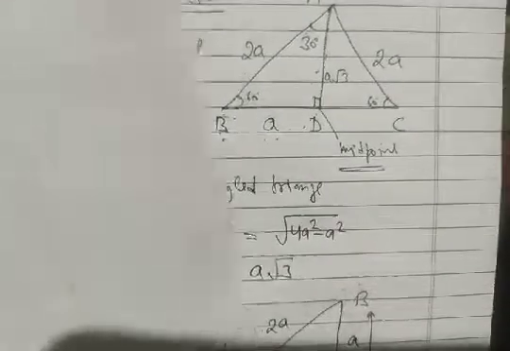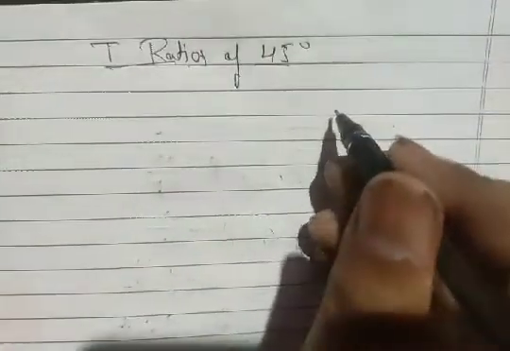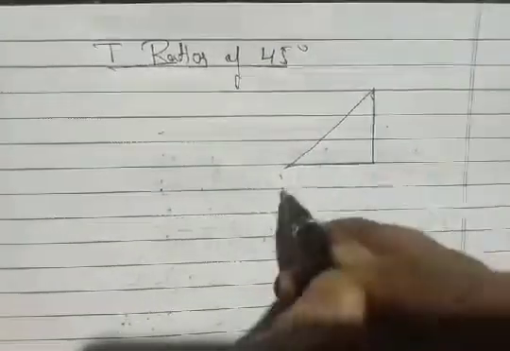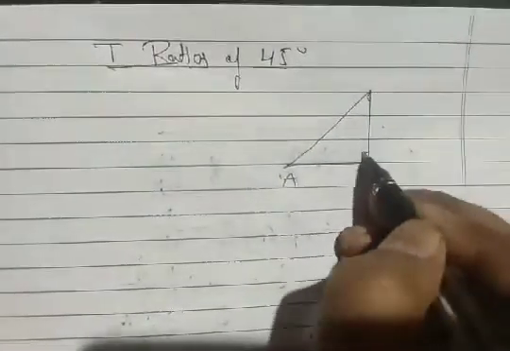Now we are moving to find the trigonometric ratios of 45 degrees. To get them, we take a right angle triangle ABC.